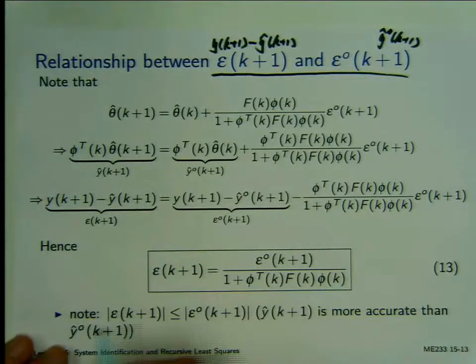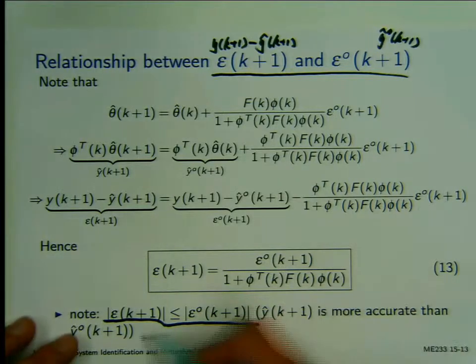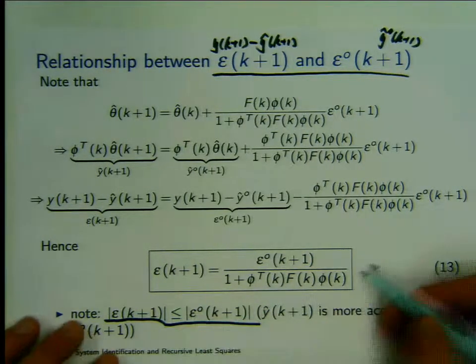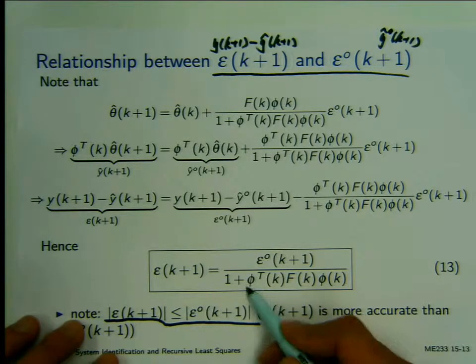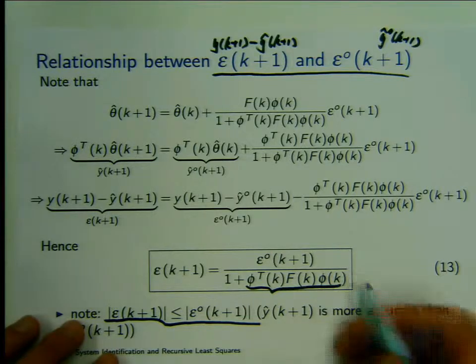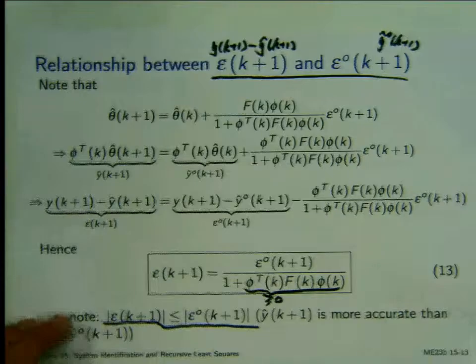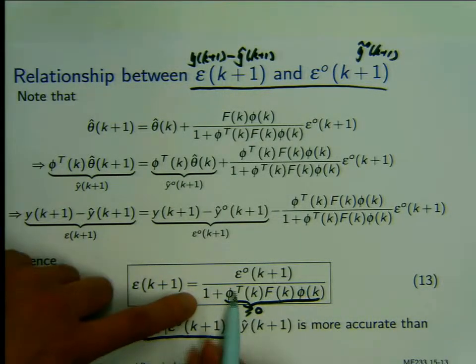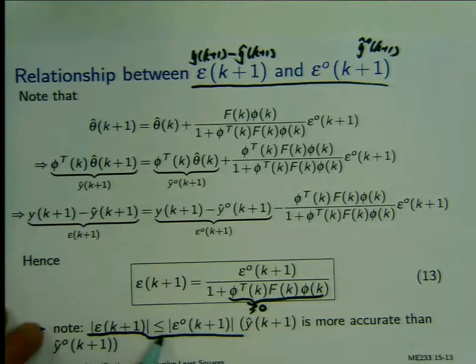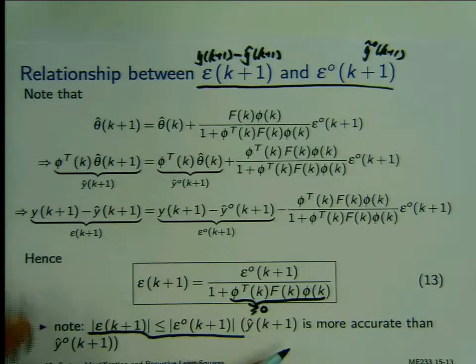This is the main result for this page. The final conclusion is that we can mathematically show that this is smaller than or equal to this. How much smaller is explained by this equation. Because it's 1 plus phi k transpose fk phi k, which is always non-negative, the denominator is always larger than 1, so the whole thing is less than or equal to epsilon 0.